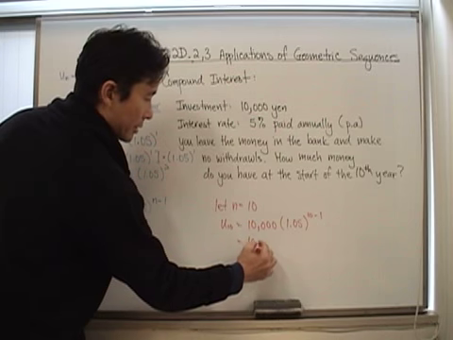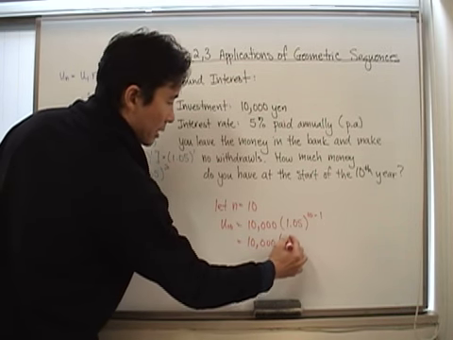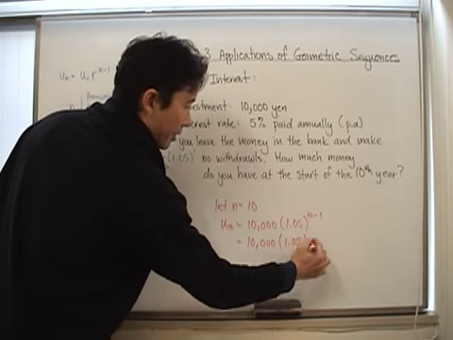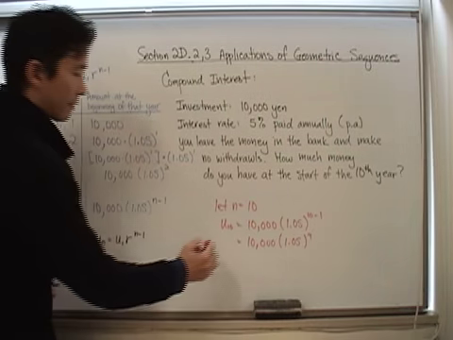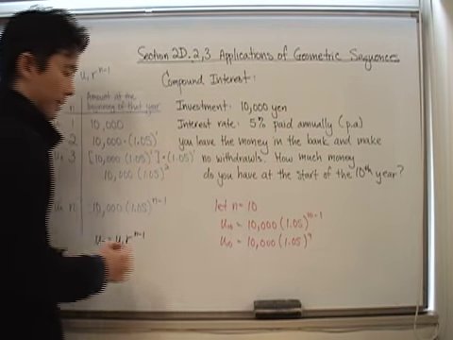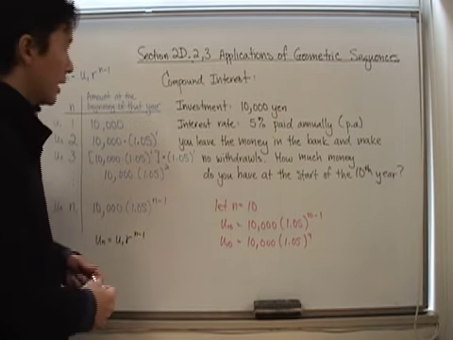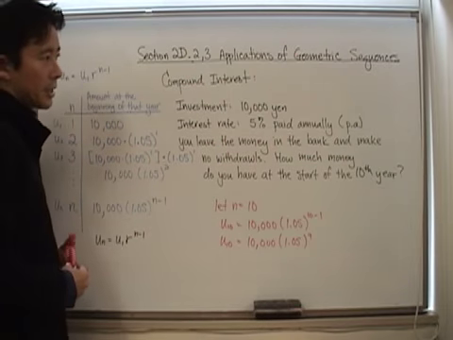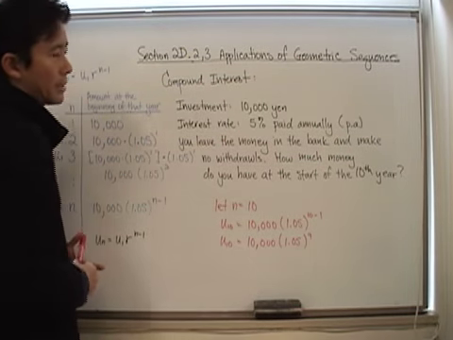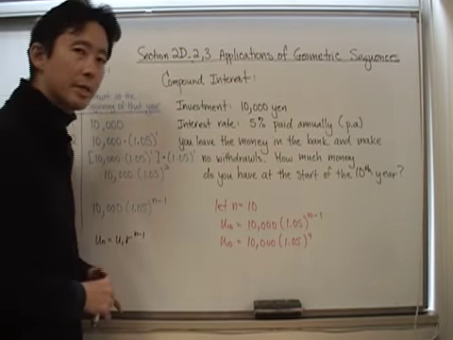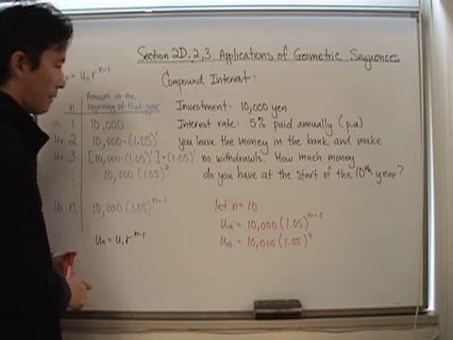That is just going to be equal to 10,000 times 1.05 raised to the 9th. And there you go. That's how you would answer this question about compound interest using the properties that we know for geometric sequences.